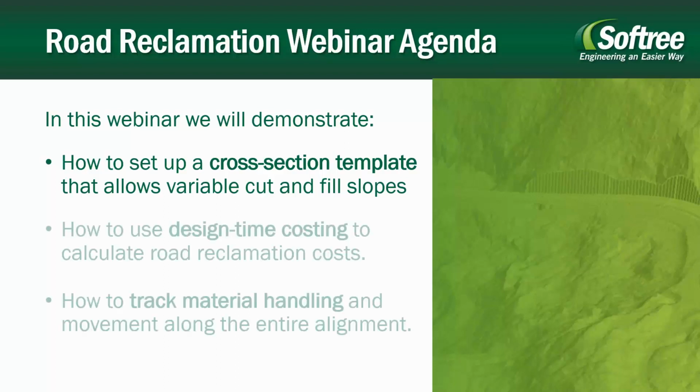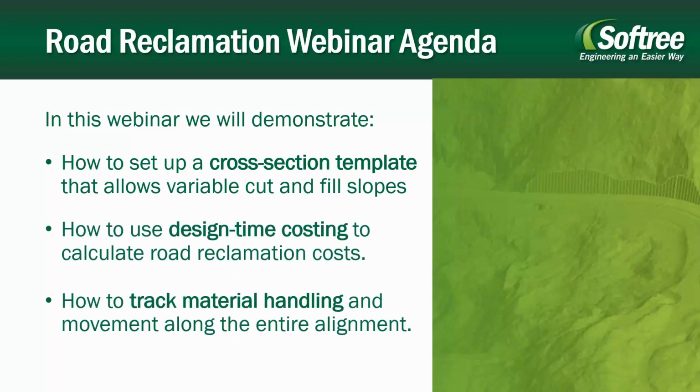We're also going to look at how to use our design time costing feature to calculate the costs, and then how to track the different material handling throughout the entire alignment. We are going to start with a pre-built terrain, which I'm sure our presenter Matt is going to mention in a moment. So we're going to dive straight into working on how to get that cross-section template set up.